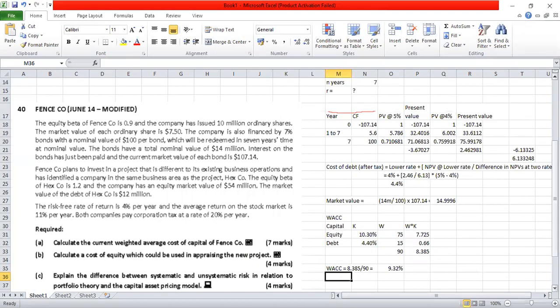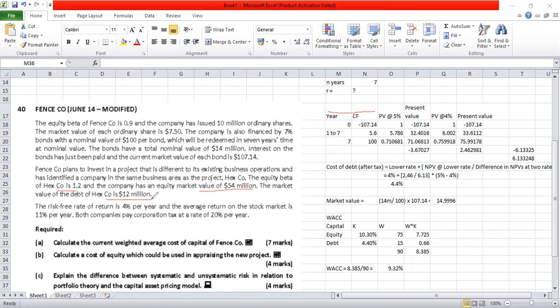Now, equity beta of Hex company is 1.2, and the company has an equity market value of 54 million. The market value of debt of Hex company is 12 million. So the market value of debt is 12 million, equity value is 54 million.